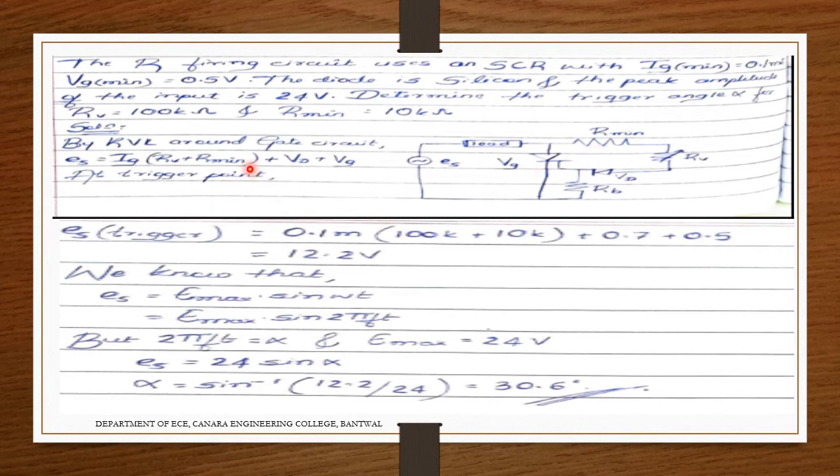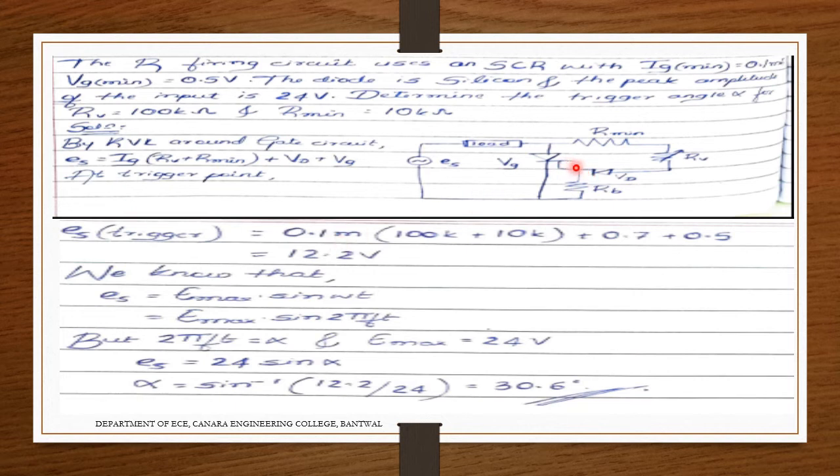So this is the normal case, but at a triggering point, ES trigger, this will start when we have triggered the gate. For that purpose, ES trigger equals, I have to mention it at the triggering point, that time only I will get Ig.